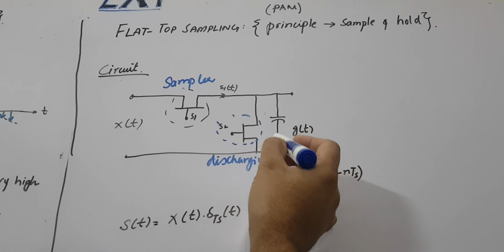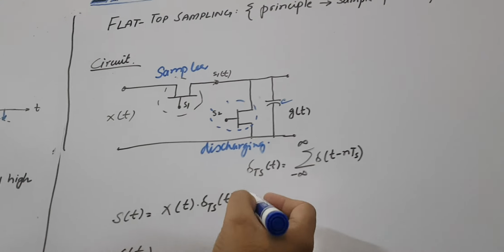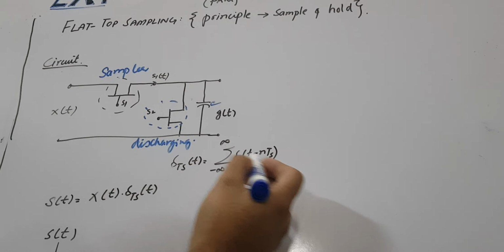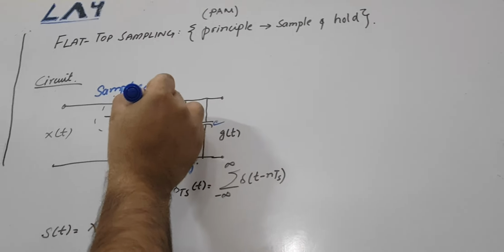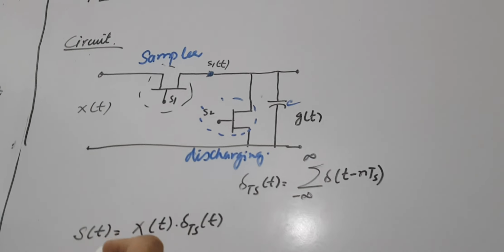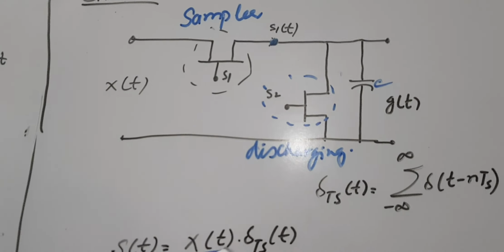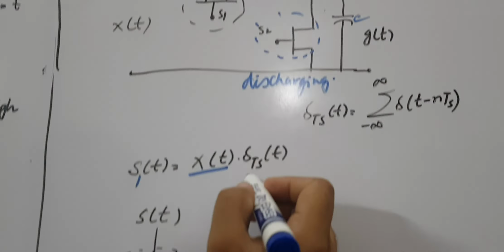Your input is discharging through this capacitor. In this case, the pulse train is also delta(t - nTs), but first, when you press S1, you get the output s(t). So s(t) equals x(t) multiplied with the pulse train.